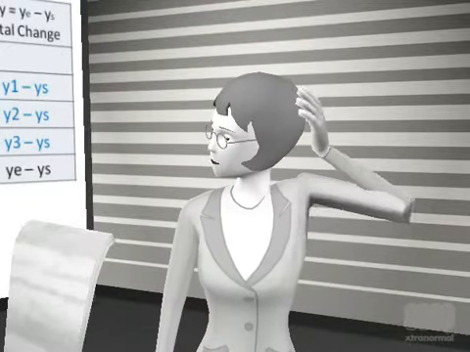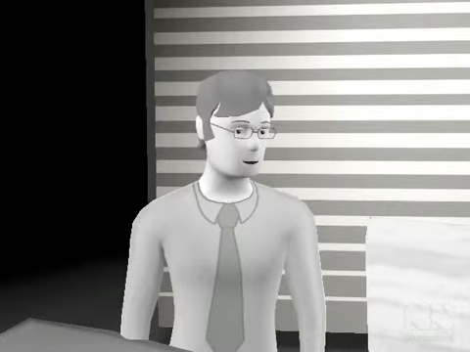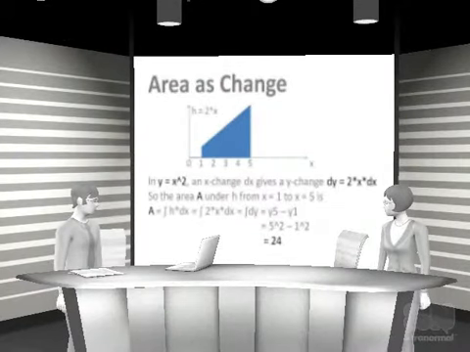But how can we write an area as a change? It is straightforward. As an example, let us write the area under the curve h is 2 times x as a change. In the formula y is x squared, a small change in x, dx, will give a small change in y, dy. We can prove that dy is 2 times x times dx.